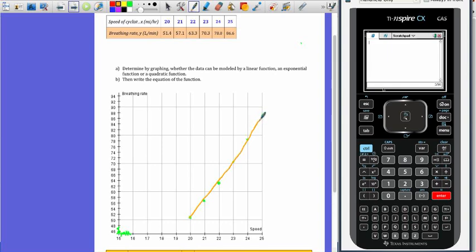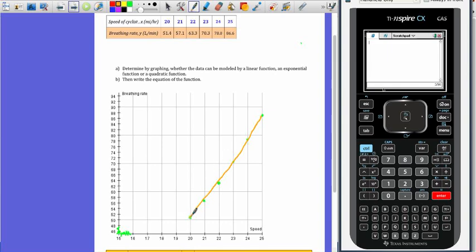If we take these and do our best to join them, hopefully what you'll see is that it's a somewhat linear shape, but doesn't really adhere to a linear function, and that should be reasonably obvious because each jump in the x value is constant. We're increasing by 1, but the change in the breathing rate is not constant, and so our slope is not constant, and that should immediately eliminate the possibility of a linear function.